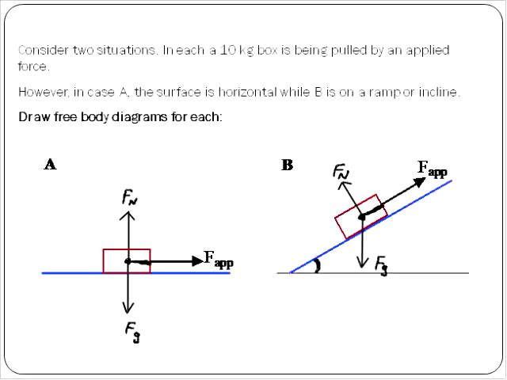In case A, we'd use an XY coordinate plane, with the Y axis being the vertical and the X axis being the horizontal. But in case B, that doesn't work very well, because the only one that would line up with our axes would be Fg. Everything else is going to be at an angle to our axes.